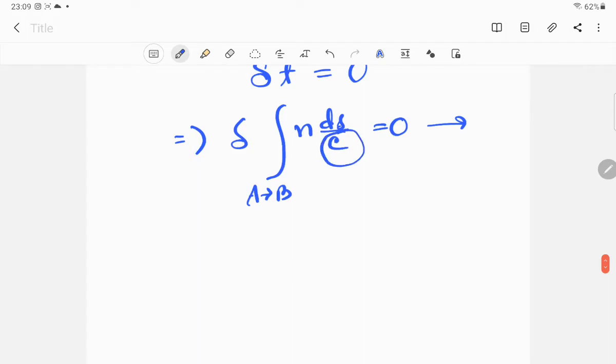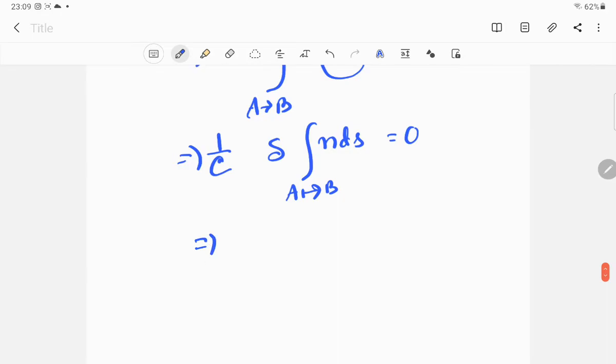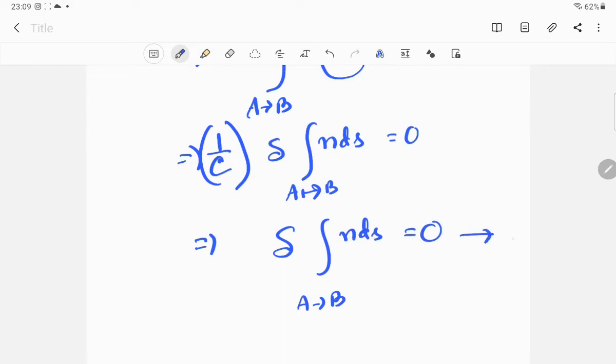Here c is a constant, so there is no point of keeping it; if I take it out, c will be out of it. So the integration from a to b of n ds equals 0. Since c is a constant, it will be neglected. So this is the main mathematical statement for Fermat's principle.